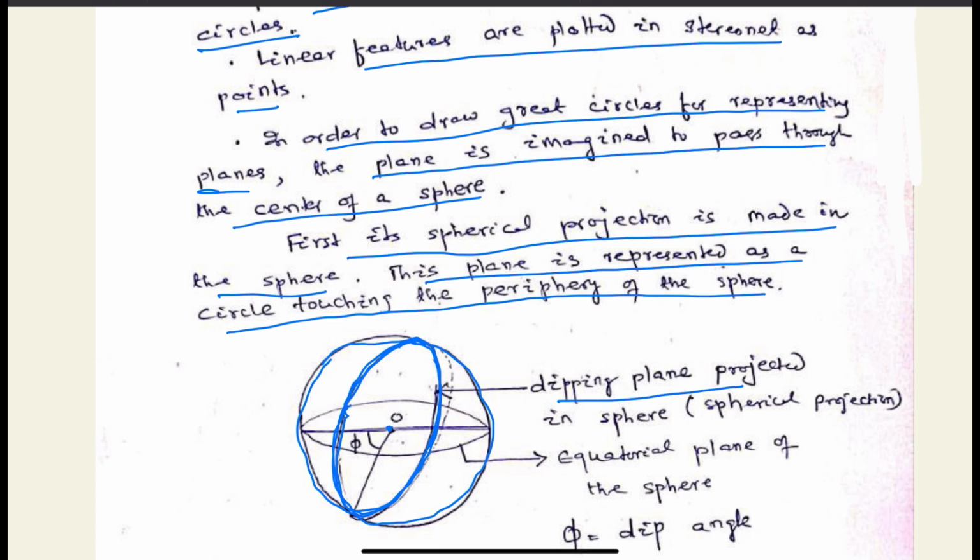And if you take this point at the center, this will be the northernmost point, or we can say it is the zenith point. And to represent this plane, we have to represent it in the equatorial plane of the sphere. That will be the representation of the plane in the equatorial plane.